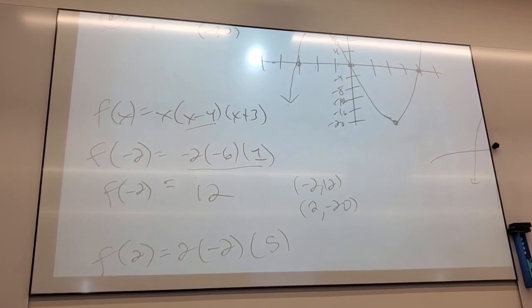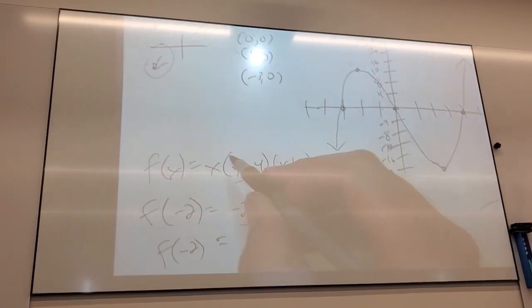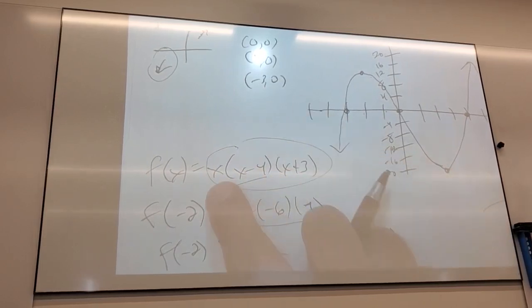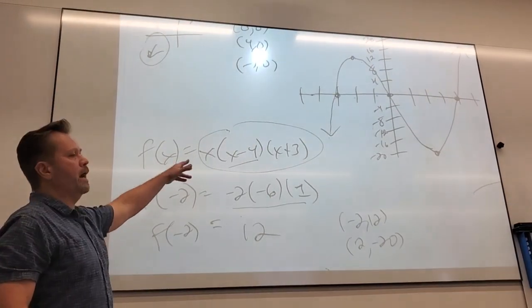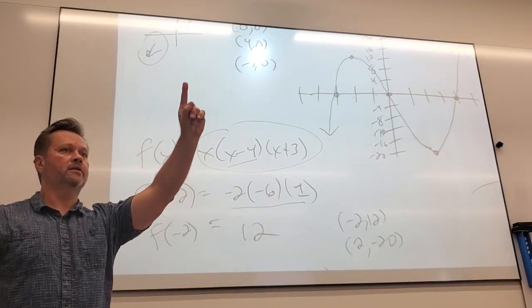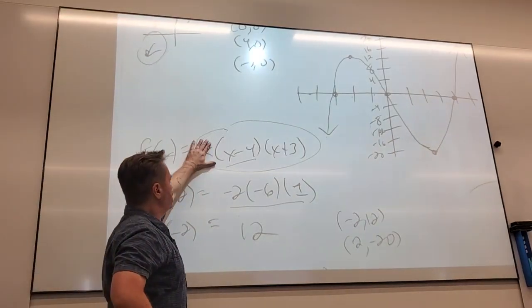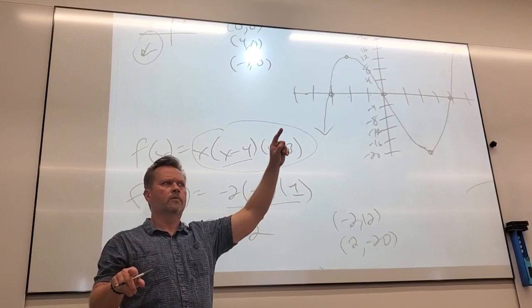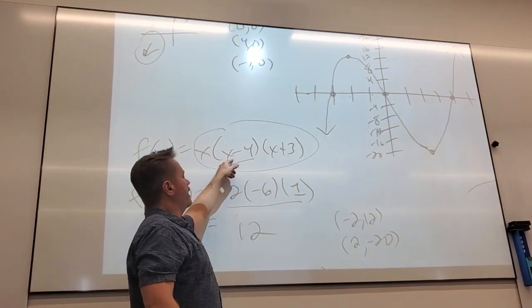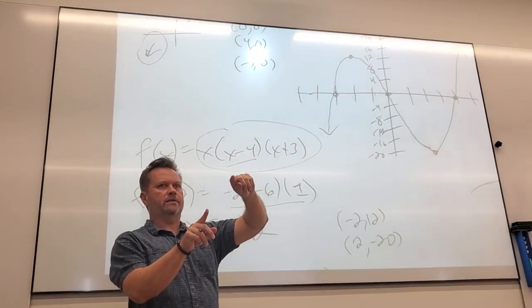Let's do another example. And I want to point something out. Each of these terms right here, what power do they all have? That sounds weird, but what's the power? First power, correct? So would you agree that each piece of this is linear, like a straight line? What does a straight line do when it hits its x-intercept?